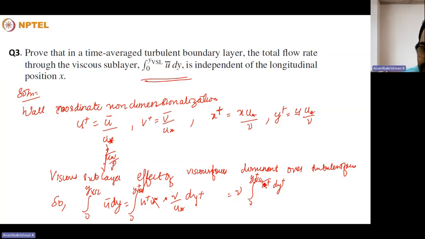So what we could see is that this particular term we have non-dimensionalized in terms of the u plus value and the dy plus value.